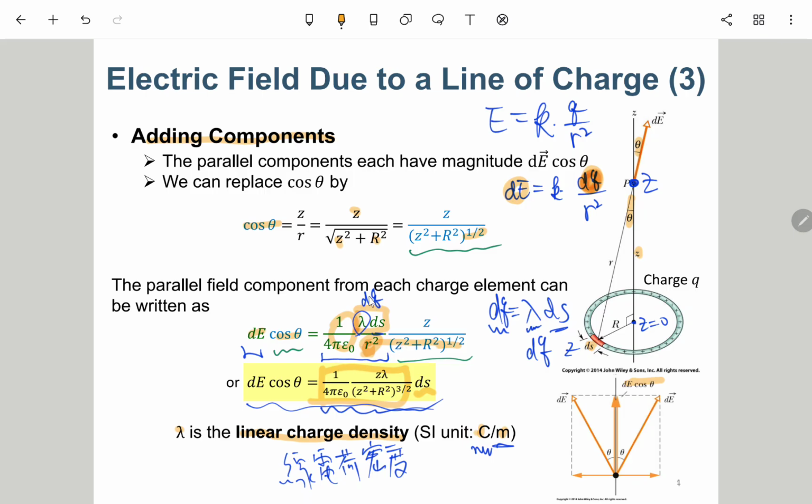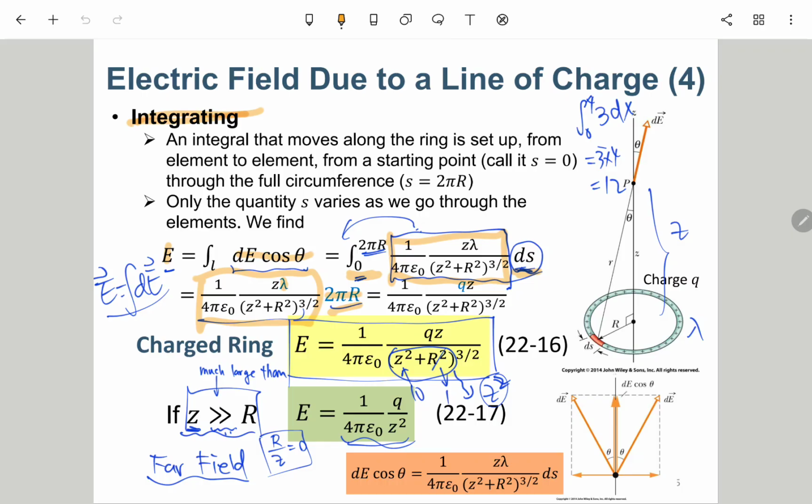And then how do we go to here? The only different thing is that this is still k, this is still r squared. The only different thing is this dq equals lambda ds. So why do we need to make this change of variable? Because the idea is that we would like to integrate.